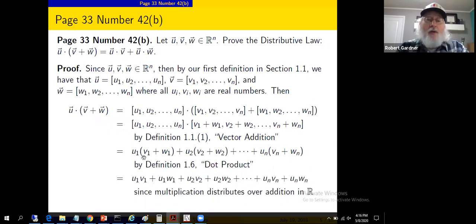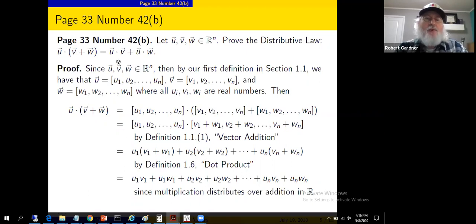I know u1 times (v1 plus w1) equals u1 v1 plus u1 w1, because that's distribution of multiplication over addition in the real numbers. And you're familiar with the properties of the real numbers. So do the distribution in each of these. Ooh, we're dealing with a scalar. What's next? Before we go to the next slide, what should happen?